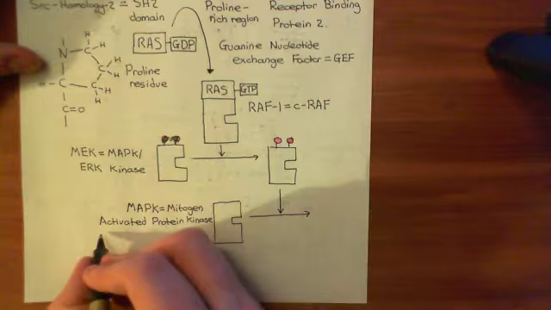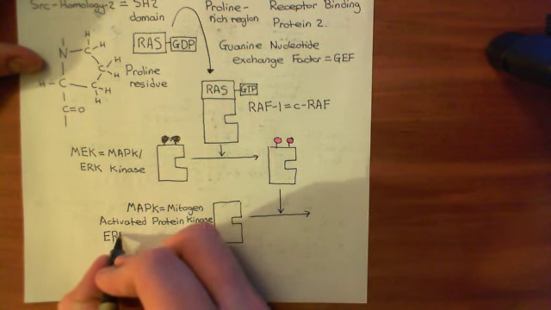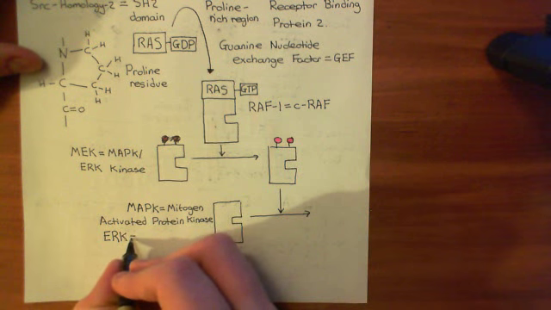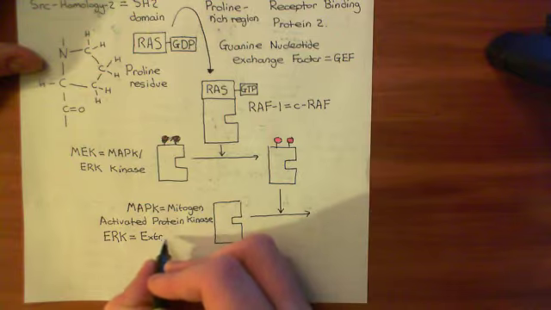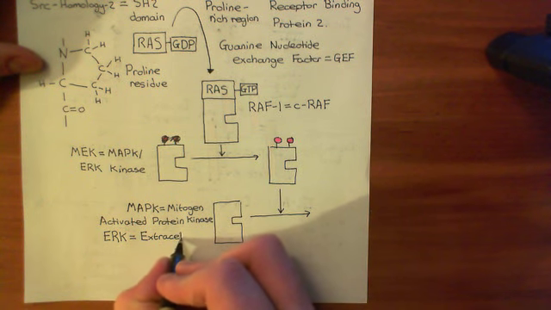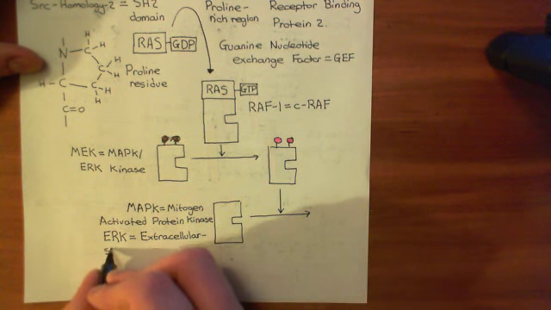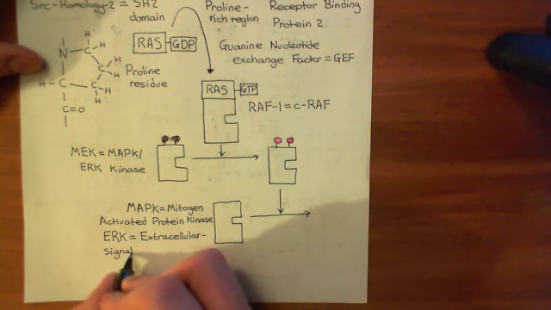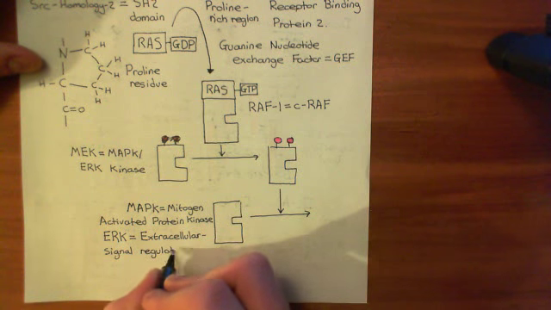But it also has a completely separate name, which is ERK. ERK stands for extracellular signal regulated kinase: E is for extracellular signal, R is for regulated, and K is for kinase. Both names for this enzyme are permissible.